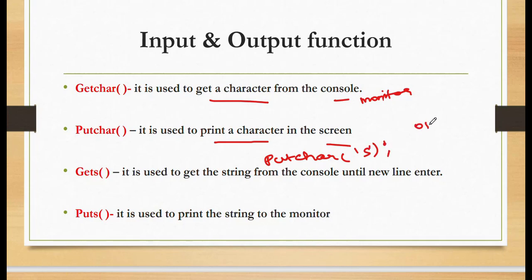So in the output, it will show S. getChar means it will wait for one character. So if I enter something, S, Y or something, you have to input one character. getChar is used to get a character from the console. putChar is used to print a character on the screen.